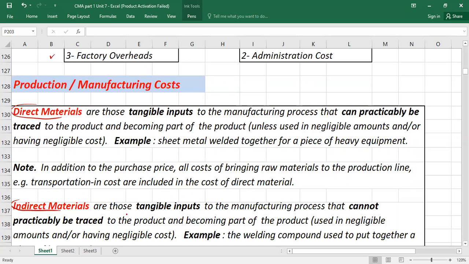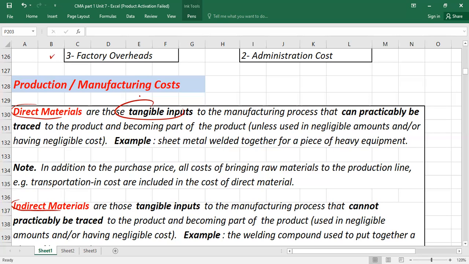Now the point is that material means a tangible input. Keyword is what? Tangible. Obviously it has existence. It's a tangible input to the production process, which can be traced into the cost object, which can be looked into the cost object. I can realize this is metal, this is fabric, or this is thread, whatever.